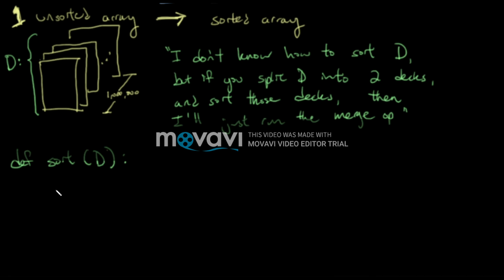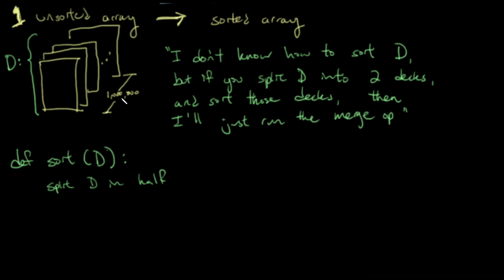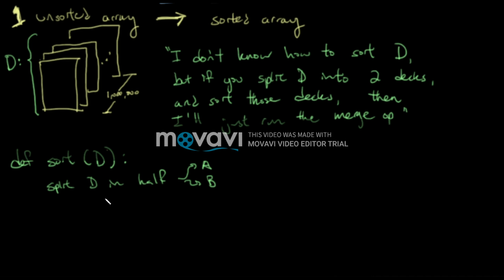We're actually going to split D in half, cutting it right at the 500,000 mark, and give it a deck A and a deck B. Somehow we want to sort both A and B so that we can run the merge operation on them in order to get our sorted original array.